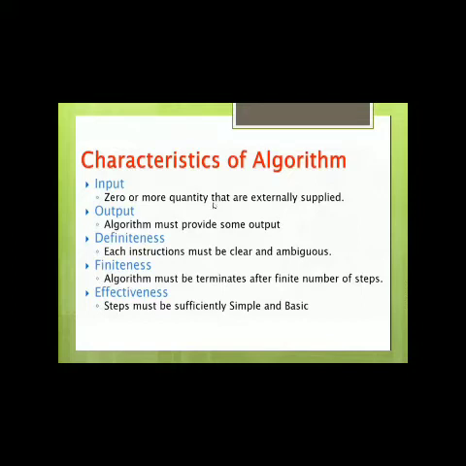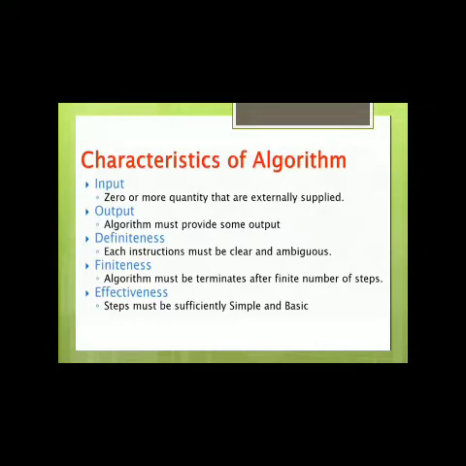So we can have zero input, but the algorithm should provide some output. Whether it is taking input or not, it should give output. Then only we will be able to realize whether the algorithm which we have made is correct or not.